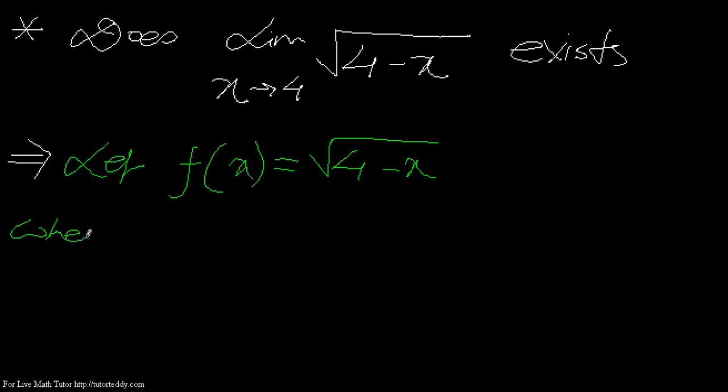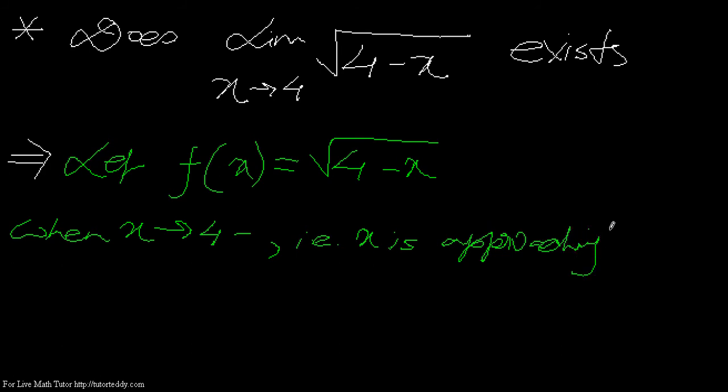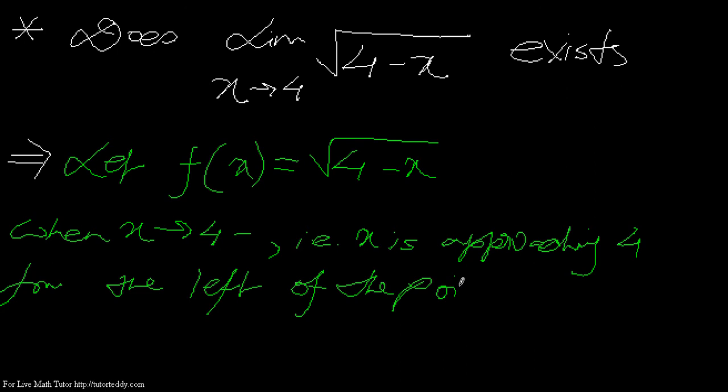when x tends to 4 minus, I write 4 minus, that means x is approaching 4 from the left of the point x equals to 4.